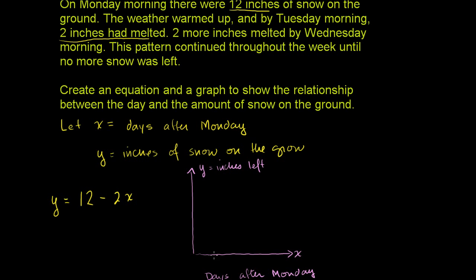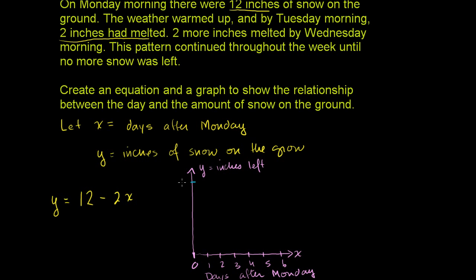And so we have 0 days after Monday. We have 1, 2, 3, 4, 5, and 6. And then on Monday, which is exactly 0 days after Monday, we have 12 inches on the ground.